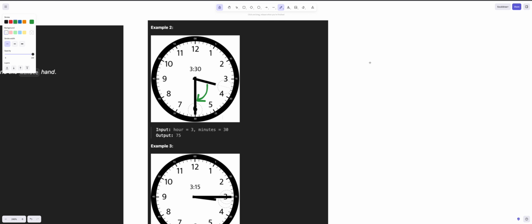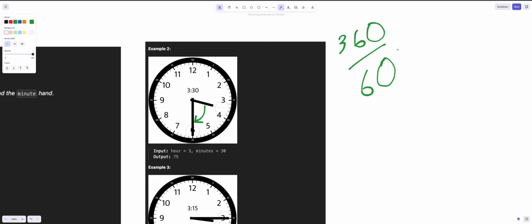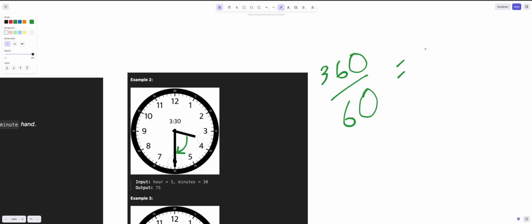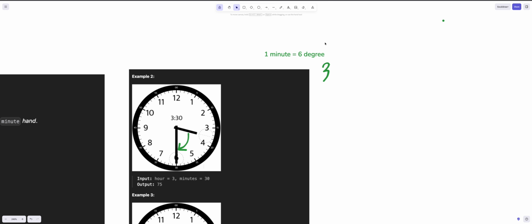So there are 60 minutes in 1 hour, which is technically clockwise, and we have 360 degrees for the full cycle. If we calculate back, each minute is worth 6 degrees, right? Let's write it down before we forget. 1 minute is 6 degrees, and we got our degree.